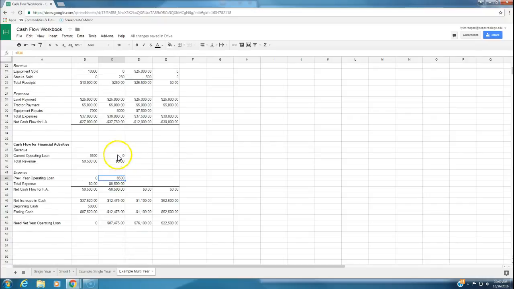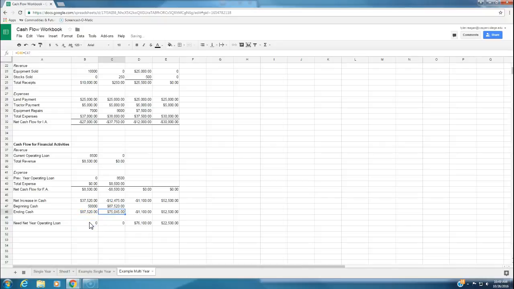So then we go down, we look through, and our beginning cash is blank. So we have to calculate our beginning cash. Our beginning cash is equal to our ending cash plus the loan amount, whatever loan amount we took out.